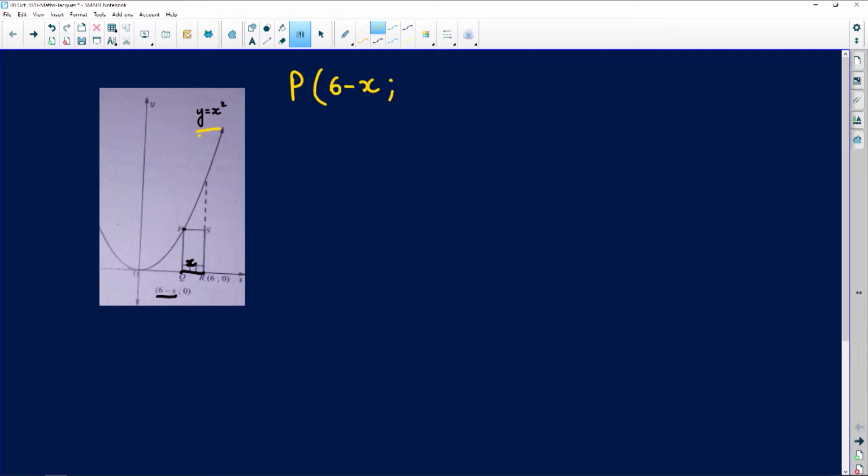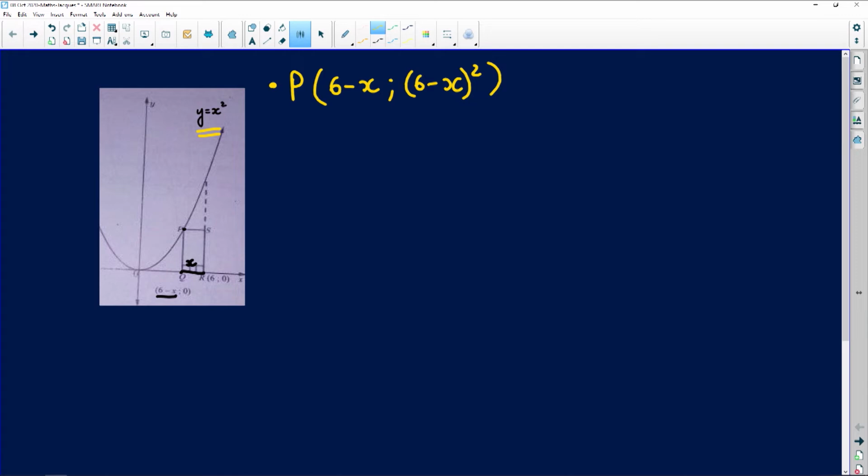X is x. In this case, they gave it to us as 6 minus x. And they tell us here to get to the y value, all we need to do is square the x. So this will be 6 minus x all squared will be the y value for point P.